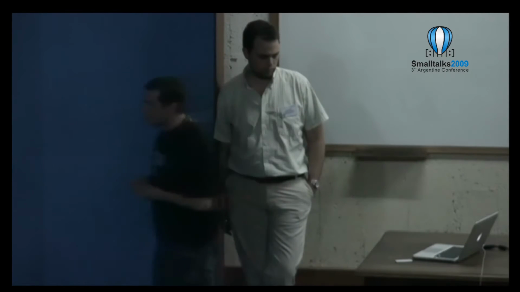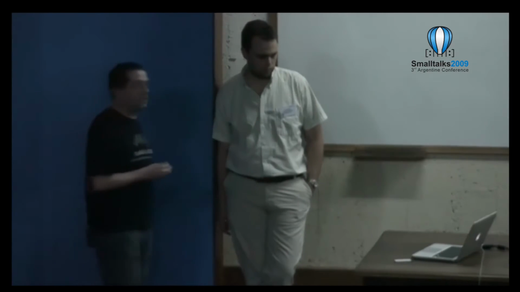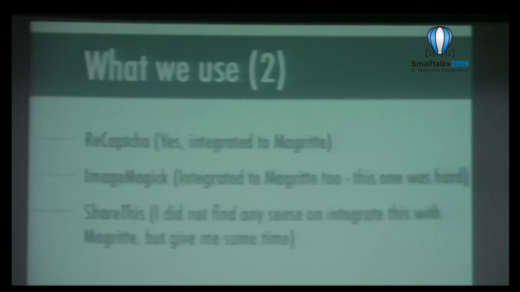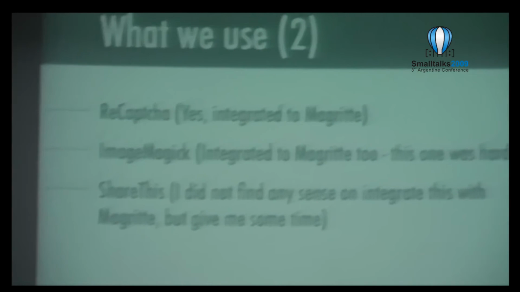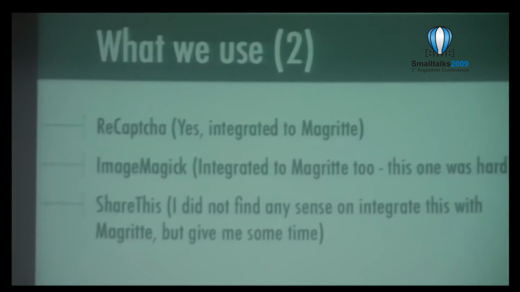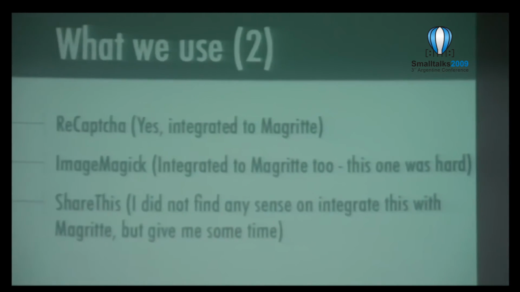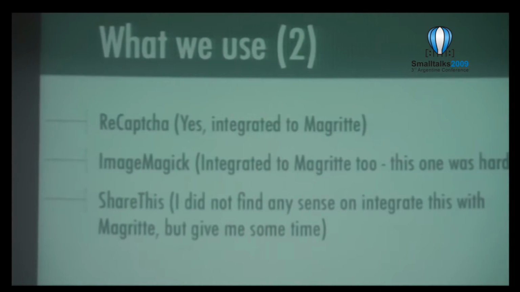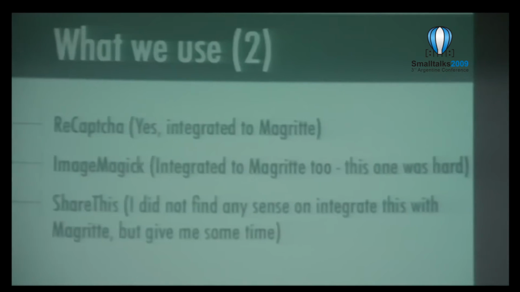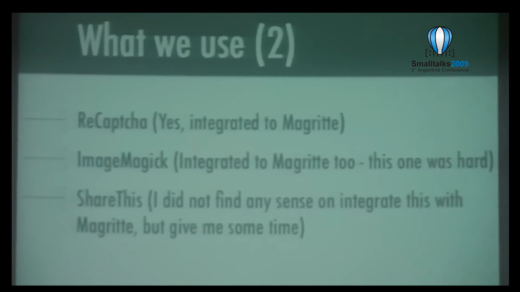So we also use some external components, and yes, I integrated everything to Magritte. We have a description for CAPTCHA, so you just add that description to a component description, and you have CAPTCHA validation right there without any other effort.